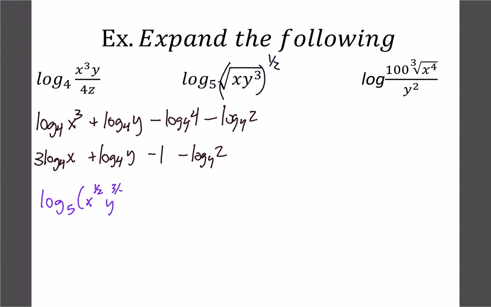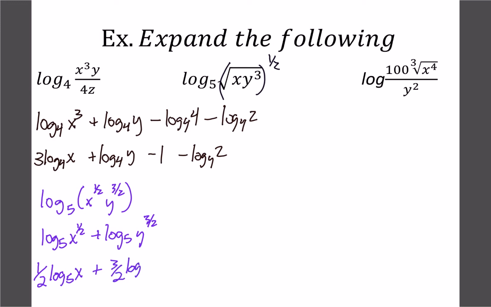So let's write that as y to the 3/2. And now we're ready to expand it. We'd have log 5 of x to the 1/2 plus log 5 of y to the 3/2. And we can use that rule where we bring it down in front. So that'd be the same thing as 1/2 log 5 of x and 3/2 log 5 of y.